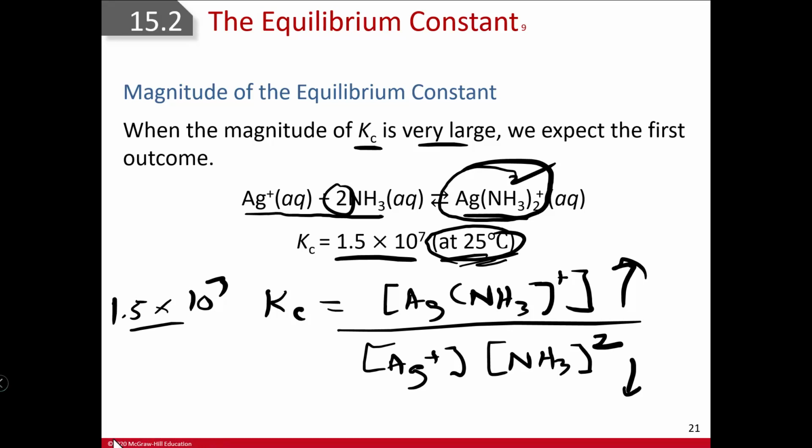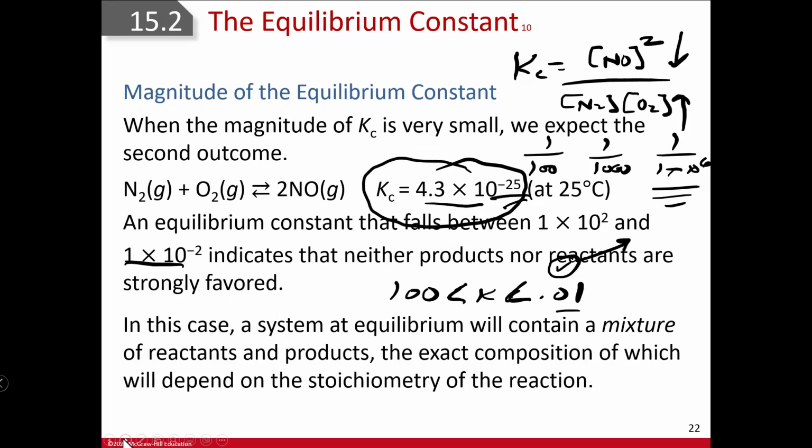If that product is the active ingredient in the pharmaceutical, then that's probably pretty easy to make, and there's profit to be made there, unless the reactants are super expensive. But even that's a much better case scenario than either this one, which says very little of this is going to be formed, or even the mixture where you're still going to have to purify the product out of this mixture.